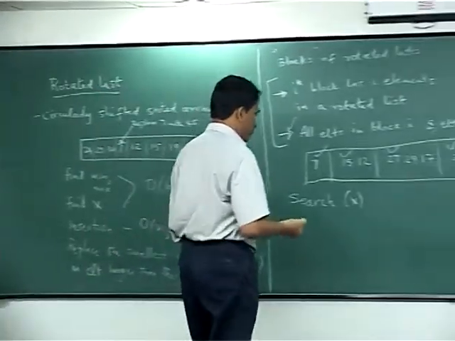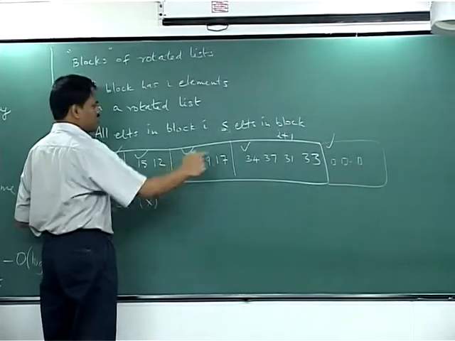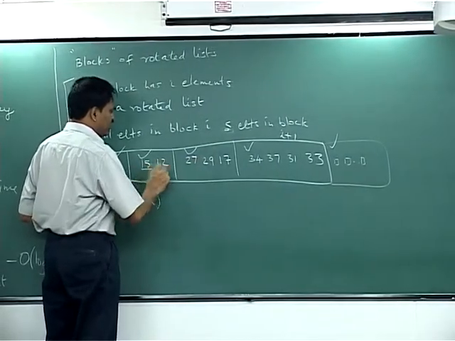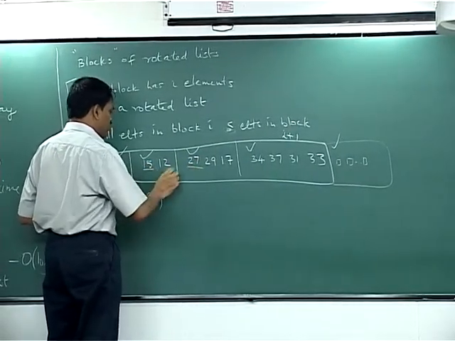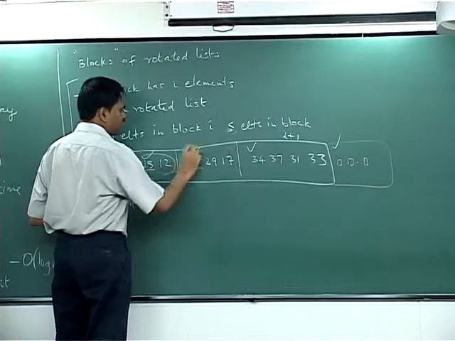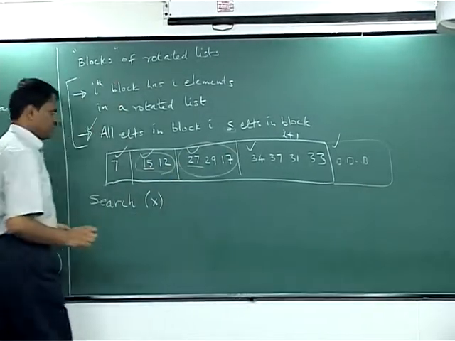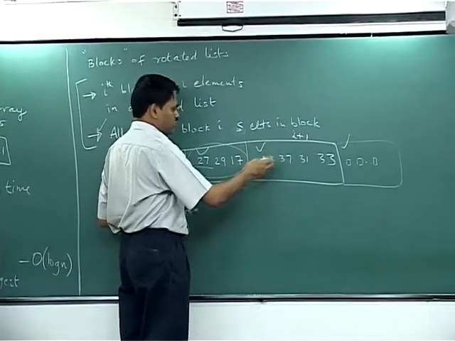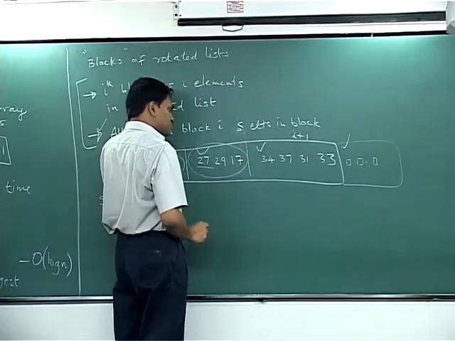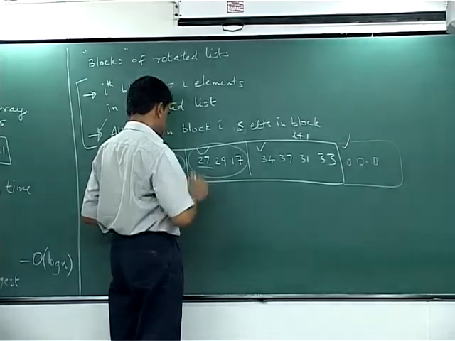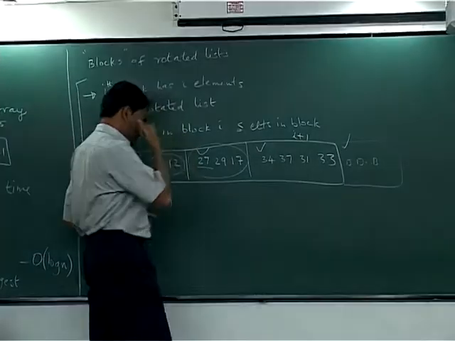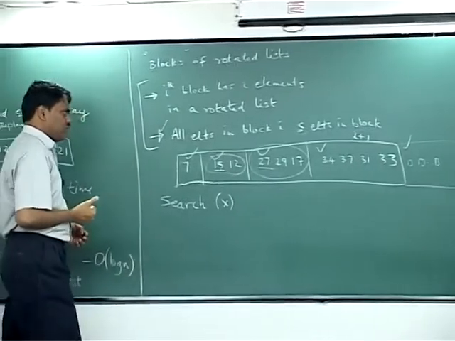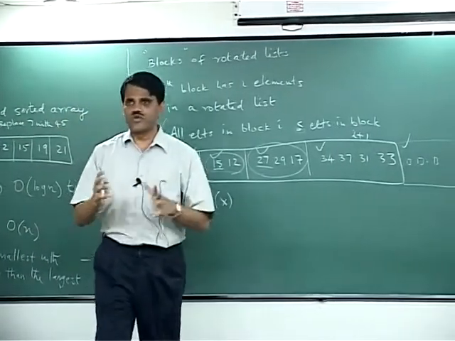So, suppose I am looking for 23 and I do a binary search on these first elements, it tells you it is between 15 and 23. So, it could be in this block or it could be in this block. It cannot be in this block. Well, actually it could be in this block too, because you figure out some 2 or 3 blocks.